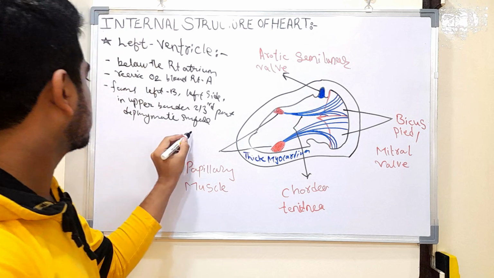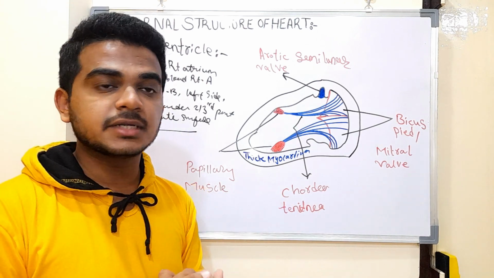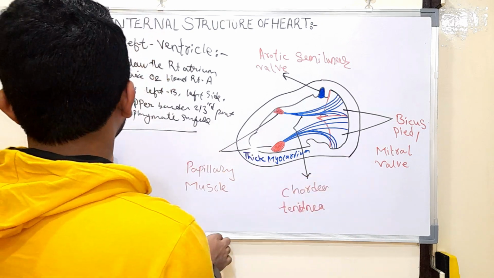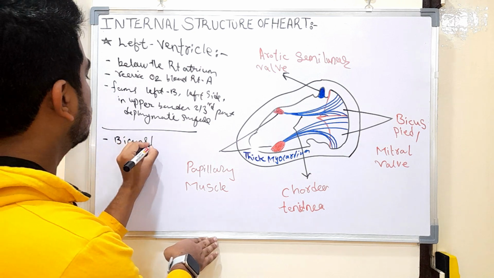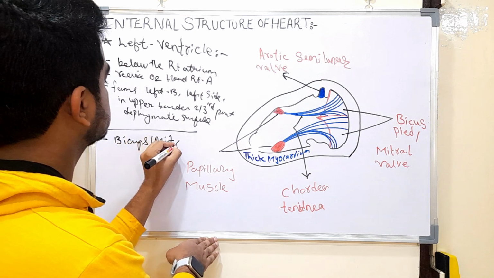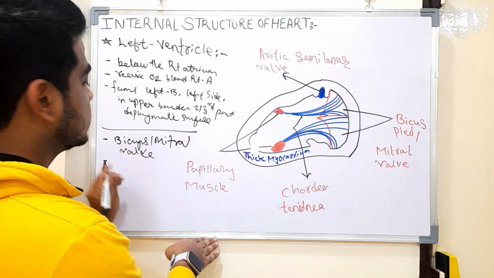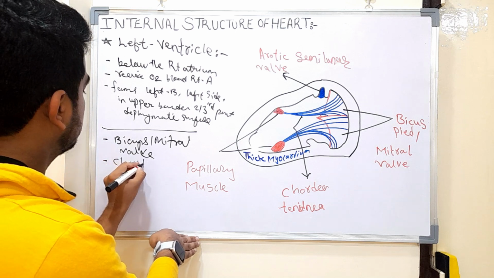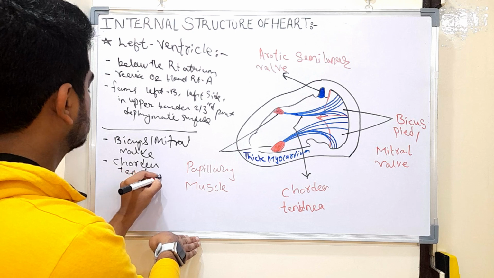So when you write about the interior of the left ventricle, you have to write point-wise. First, you have to write the bicuspid or mitral valve. Then the second point, chordae tendineae.